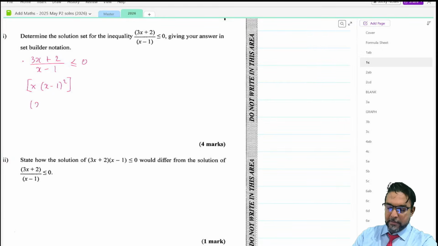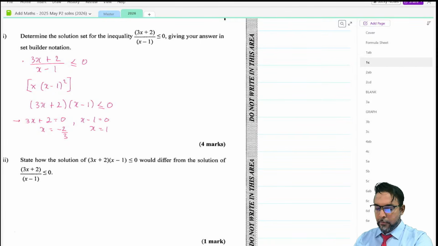Right, so what that's going to give us is basically a prefactorized quadratic. Alright, so therefore, if 3x plus 2 is 0, we're going to get a value of minus 2/3 for that. And then if x minus 1 is 0, x will be equal to 1.